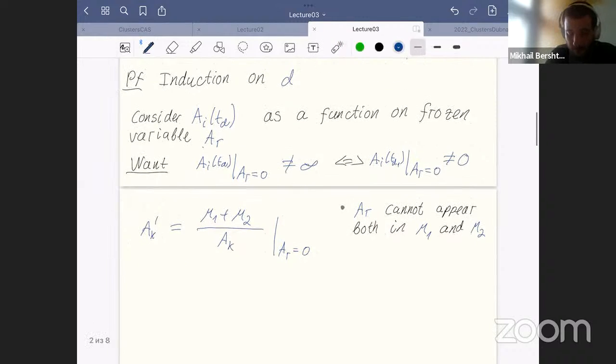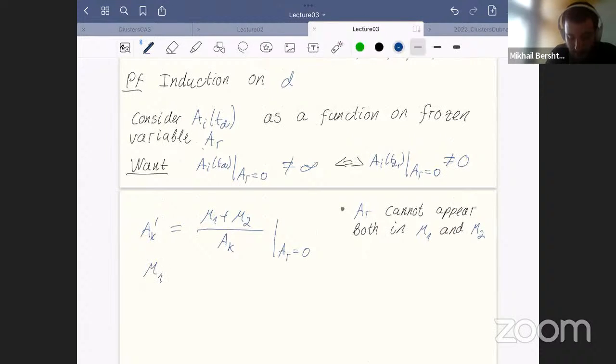So M1 is a product for BAK greater than 0, AI in some power, I mean, some AI in some step, this is TD minus 1 actually, but it doesn't matter, in power BAK. And M2 is the opposite product.